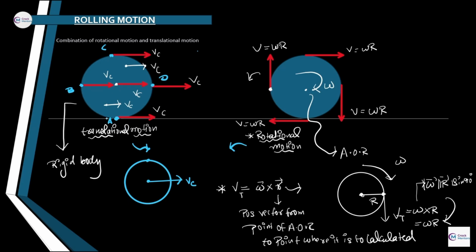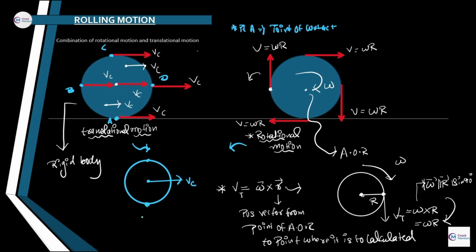Now as we can see, this is the translational motion. Right now I'm talking about point A. Point A is nothing but the point of contact between the surface and the rolling body, as we can see. Let me choose a different color.